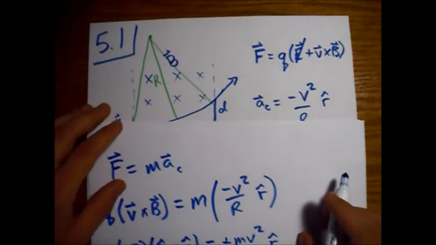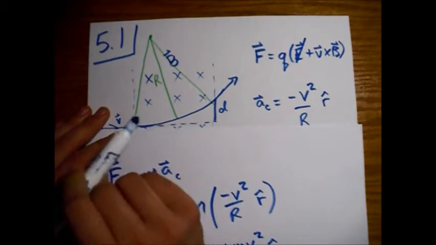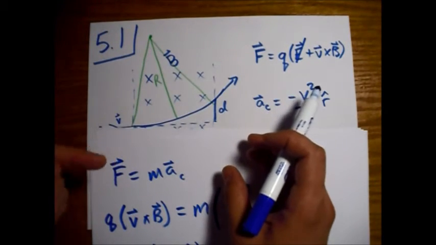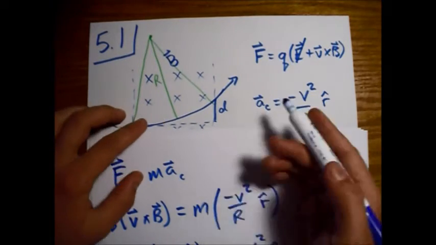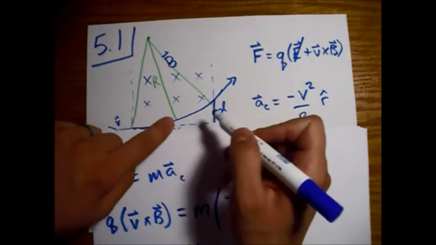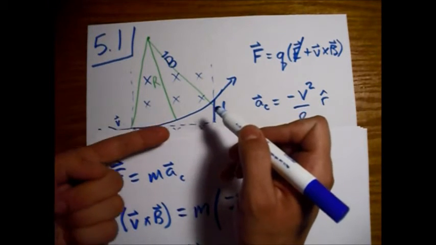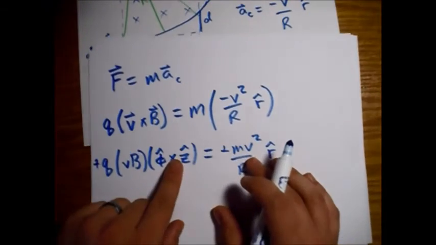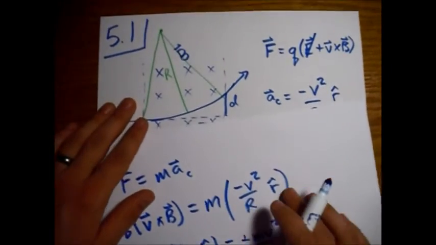So the phi hat direction we decided was going this way, sweeping around this arc, right? So if we look at just a little piece of it, let's just say right at this point where this green line hits this line, it's going like this, okay? Phi hat crossed with z hat.